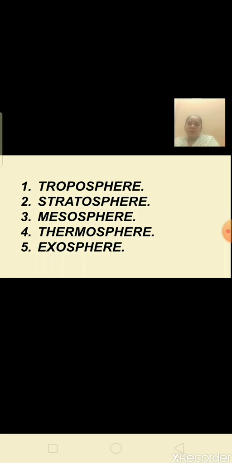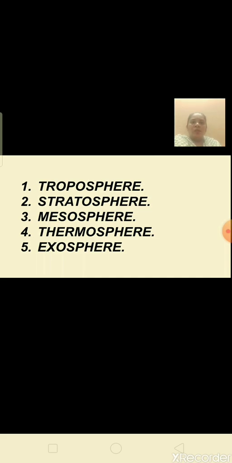The troposphere is the lowest layer and is closest to the Earth's surface. It extends roughly up to the height of about 8 kilometers near the poles and about 18 kilometers over the equator. So roughly the average height is about 13 kilometers.